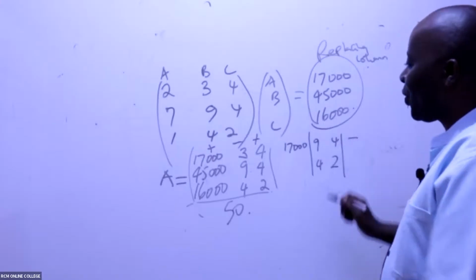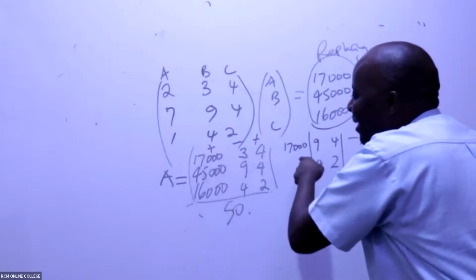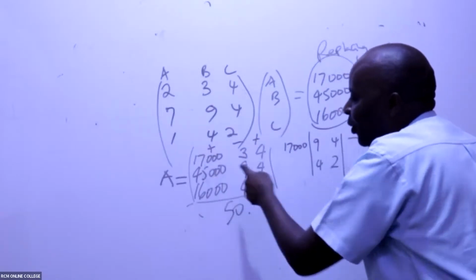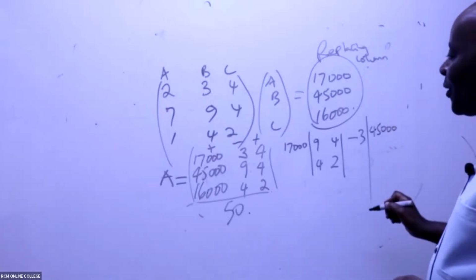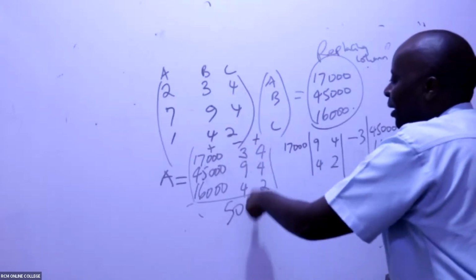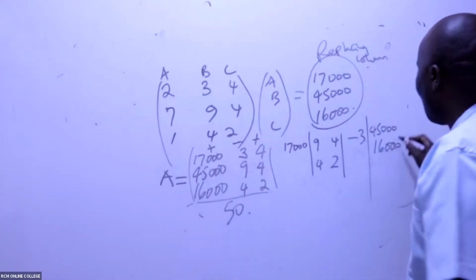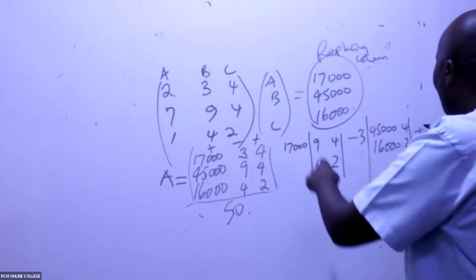Then we say minus 3, hide and seek. So I'm hiding this, I'm hiding that. I'm able to see the numbers that will be left out. 45,000, 16,000. Remember, if I'm hiding this under this, I'm left with 4, 2 there. Plus, I have 4 there.